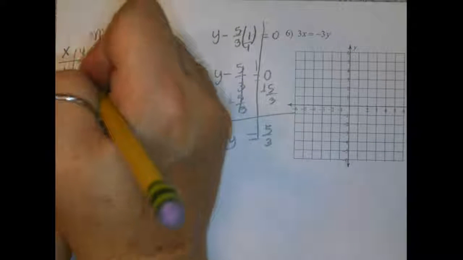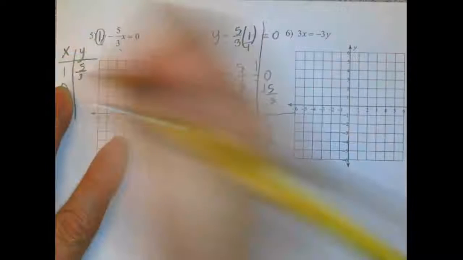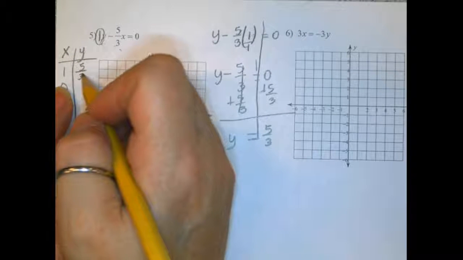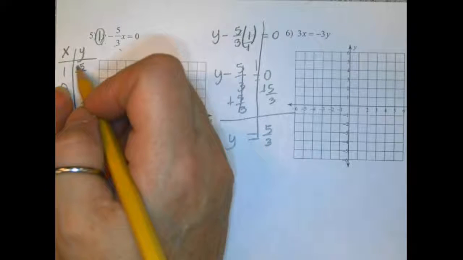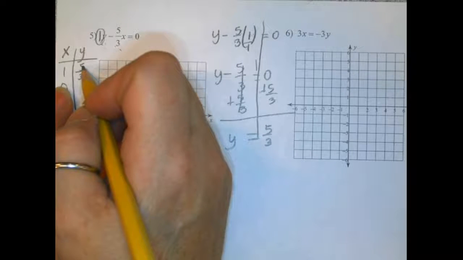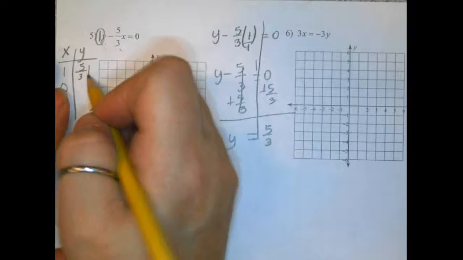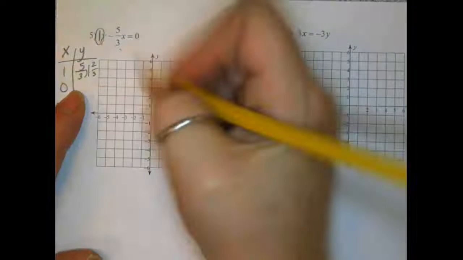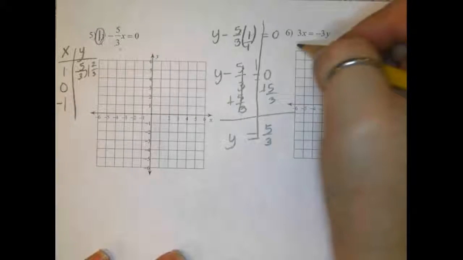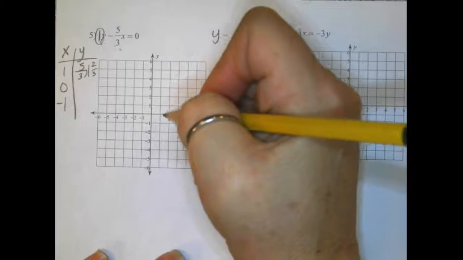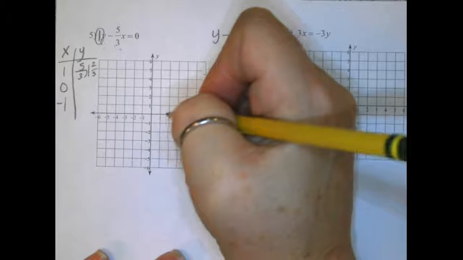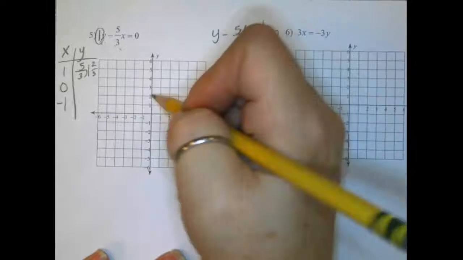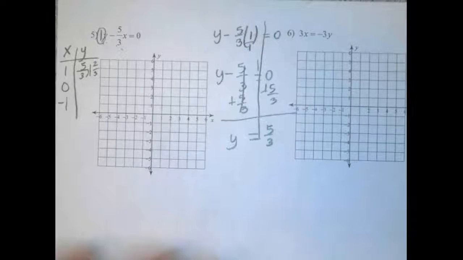So it's a fraction, or if you turn this into a mixed number, how many 3s go into 5? 1. And then you have the remainder of 2 over 3. So it's almost 2. Okay? 5/3 would be like 1 and 2/3. Almost 2 when we graph it.